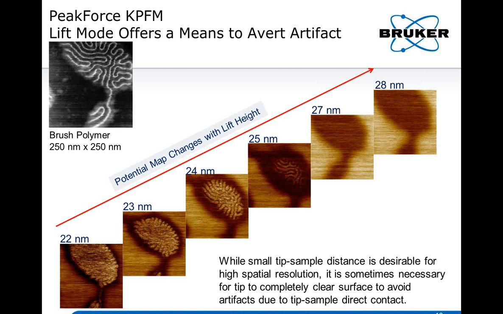There's no phase crosstalk there. So again, let me emphasize, although we try to make PeakForce KPFM artifact-free, it's still possible that you have artifact. However, we do have a way for you to identify artifact and get rid of it.